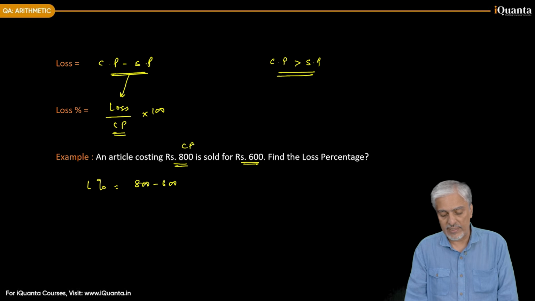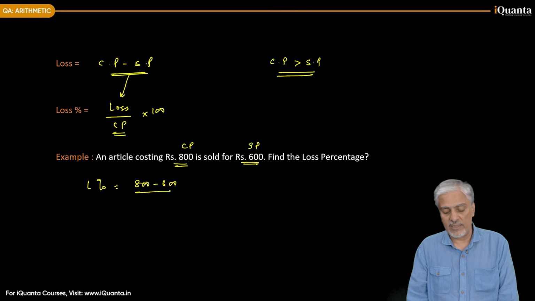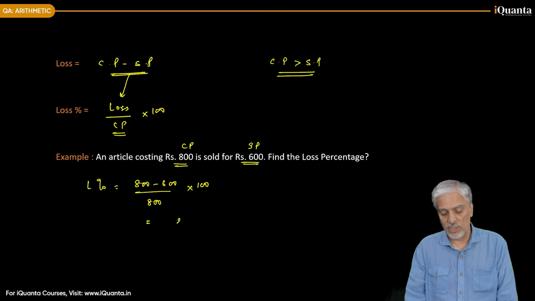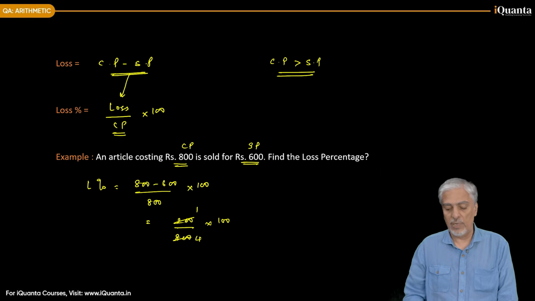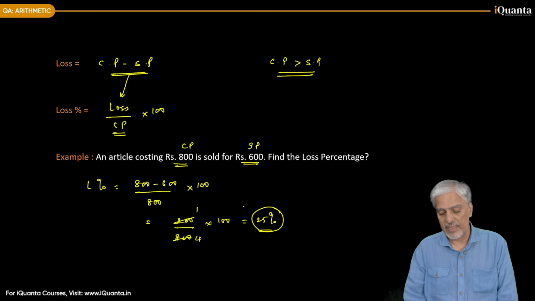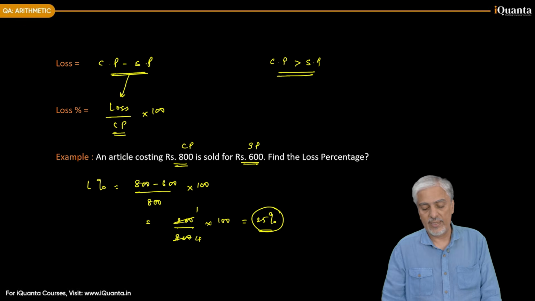Your cost price is 800, your selling price is 600. So 800 minus 600 upon still 800, because that's your cost price, into 100. So that's 200 upon 800 into 100, which is 1 by 4. 1 by 4 into 100 will become 25%. So the loss is 25%, right?